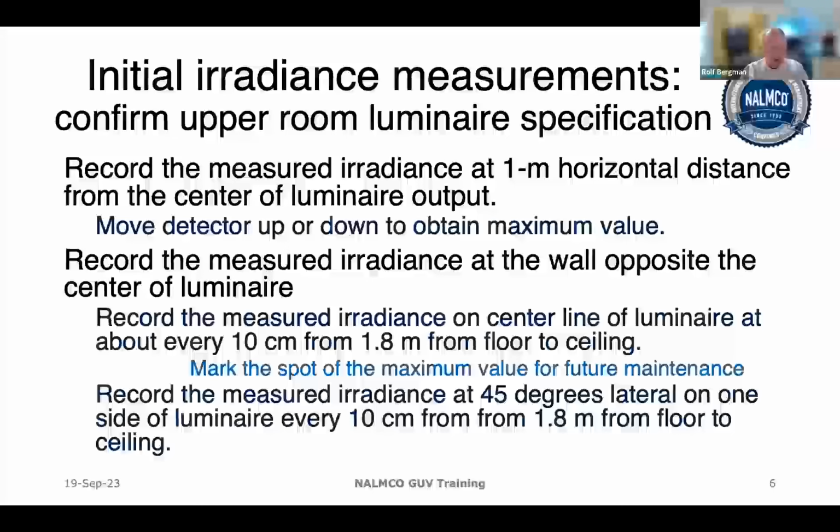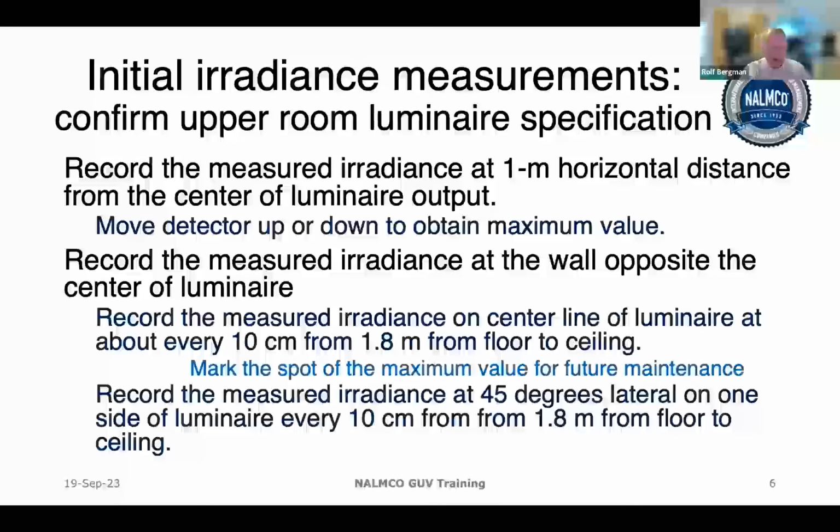You also want to take some measurements at 45 degrees, say at 3 meters, or at the wall, depending on how big the room is, going from 1.8 meters above the floor up to the ceiling. So you make measurements at the center and at 45 degrees, say at 3 meters or at the wall. If the wall is not much more than 5 meters away, this works pretty well.